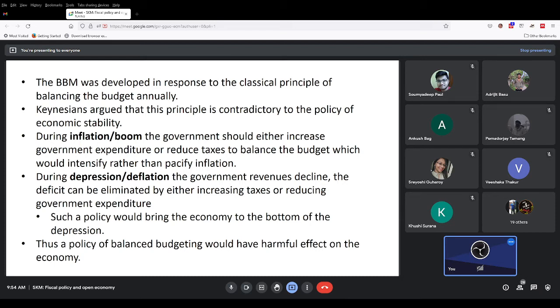Inflation, when it occurs, you're actually going to increase inflation. When there's depression, you're actually going to reduce demand further and increase depression. So economic policy is basically about stability. It should stabilize the economy, but balancing the budget means it's actually going to make the economy more unstable.